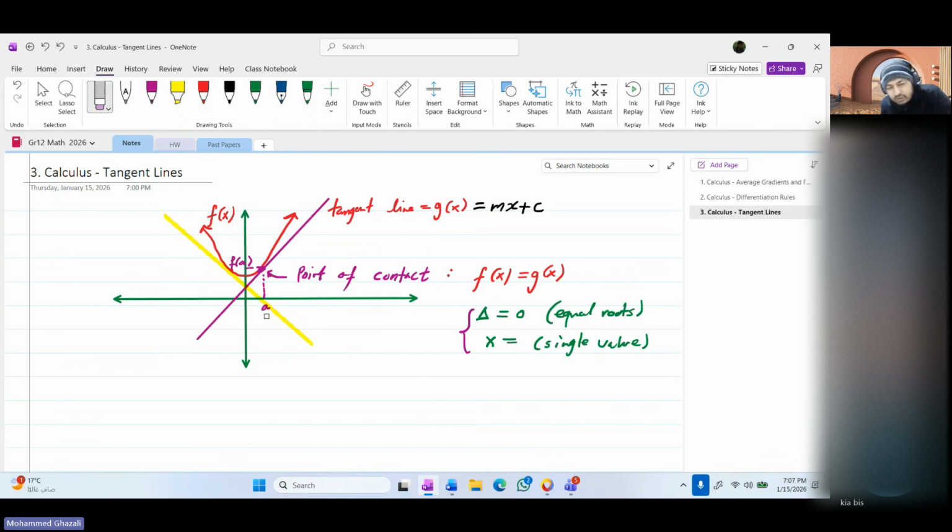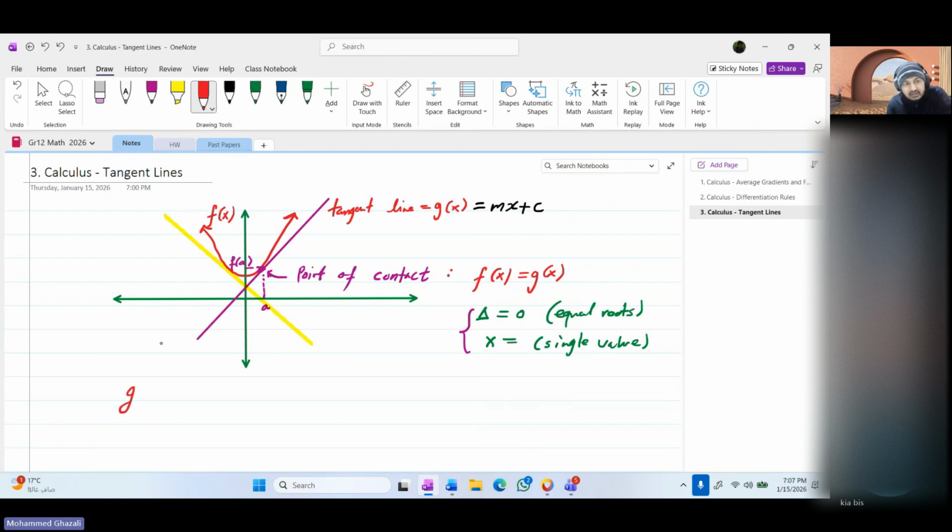So now I have a point of contact A and f of A. Now, how will I go and find the gradient of this tangent line? Remember, we need to find the equation of the tangent line.